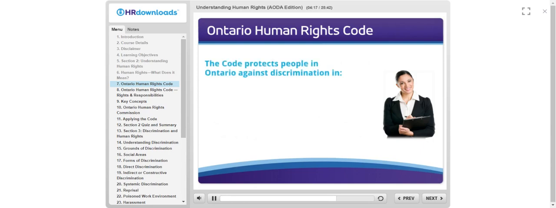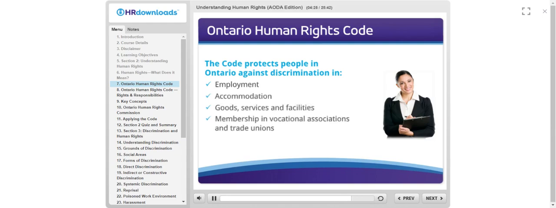The Code protects people in Ontario against discrimination in employment, accommodation, goods, services and facilities, and membership in vocational associations and trade unions. Specifically, there are 15 grounds of discrimination under the Ontario Human Rights Code, which will be explained in more detail within the next section on understanding discrimination.